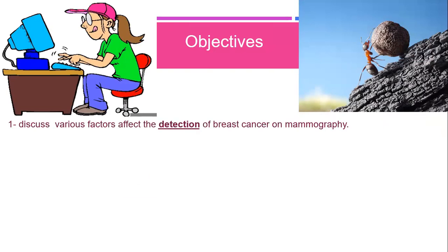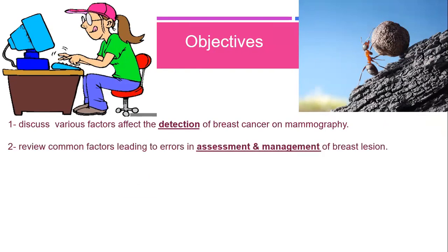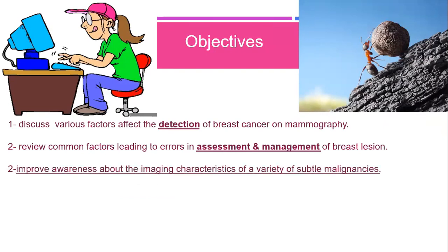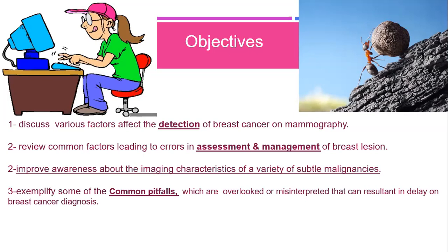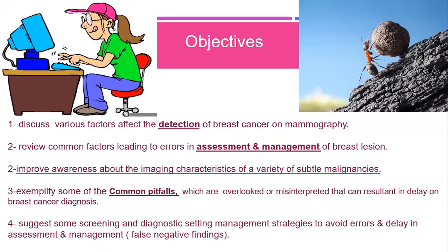And our objective for this lecture is to discuss various factors that affect the detection of breast cancer on mammography, to review common factors leading to errors in assessment and management of breast lesions, and to improve awareness about the imaging characteristics of a variety of subtle malignancies, exemplifying some of the common pitfalls which are overlooked or misinterpreted and can result in delay in breast cancer diagnosis, and to suggest some screening and diagnostic setting management strategies to avoid errors and delay in assessment and management, false negative findings.